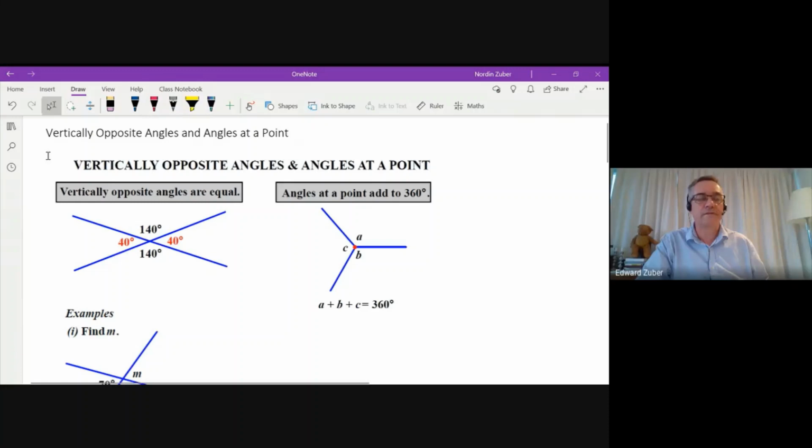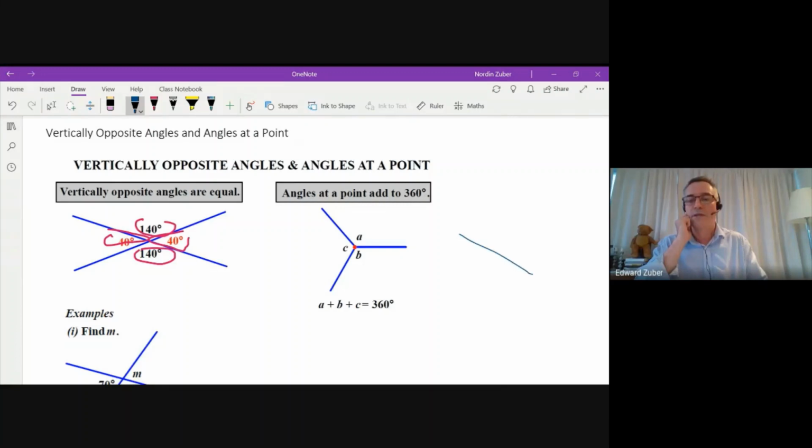So what is a vertically opposite angle? In this case here, this angle and this angle are vertically opposite. And this angle and this angle are vertically opposite. How do they arise?